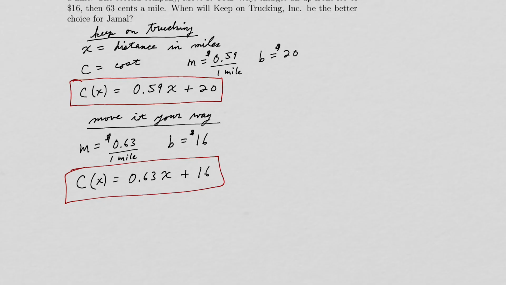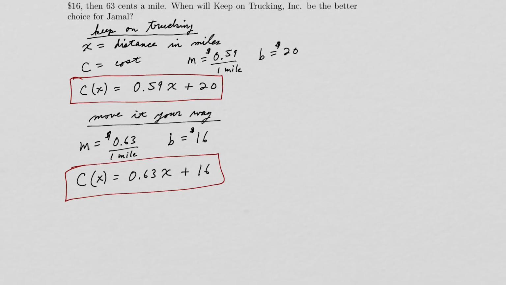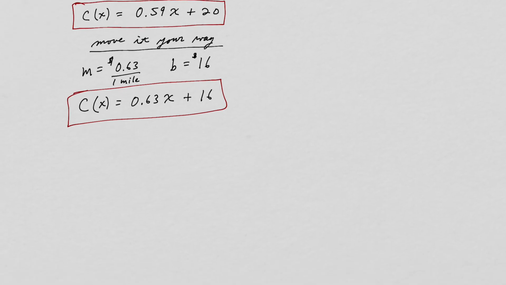Since these two equations both represent the cost, we're going to set the cost equal for the two companies and solve for x. So that'll tell us how many miles we have to travel for the cost to be exactly equal.